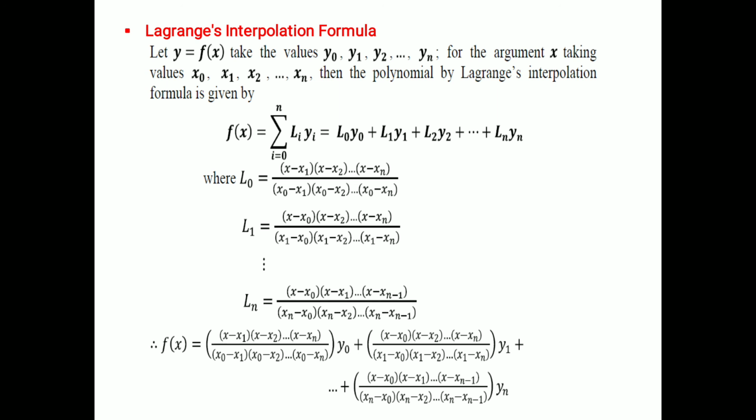With this point we will stop this session here, and in the next session we are going to discuss some problems related to Newton's forward interpolation formula, Newton's backward interpolation formula and Lagrange's interpolation formula.